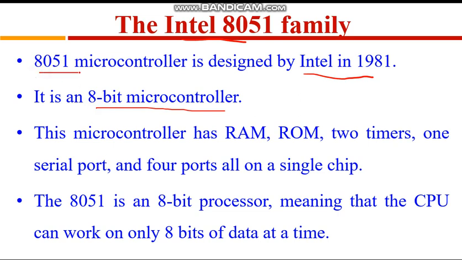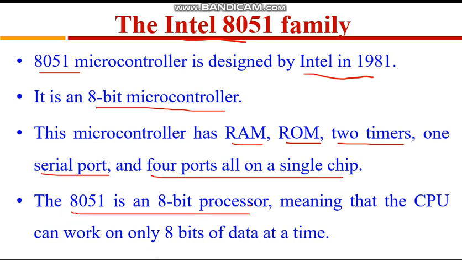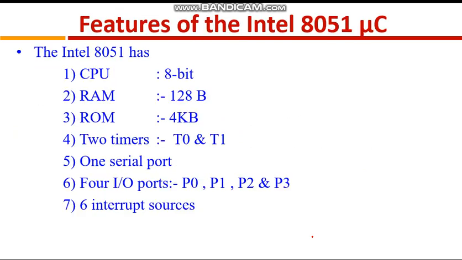This 8051 has RAM, ROM, two timers, one serial port, four ports on a single chip or a single IC. Now we say that the 8051 is an 8-bit processor. That means the CPU can work only on 8-bit data at a time. This is the meaning of an 8-bit CPU.